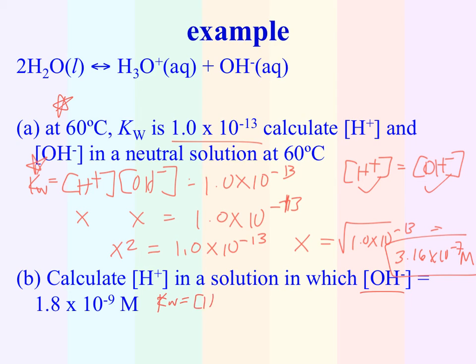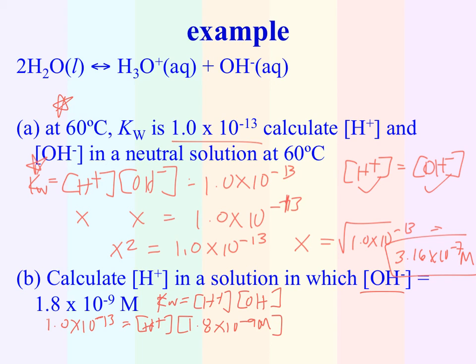So remember, this is our equilibrium expression. We know Kw, right? We know that it is 1.0 times 10 to the negative 13th, and that's going to be equal to H plus times our OH minus, which they gave us, 1.8 times 10 to the negative 9 molar.